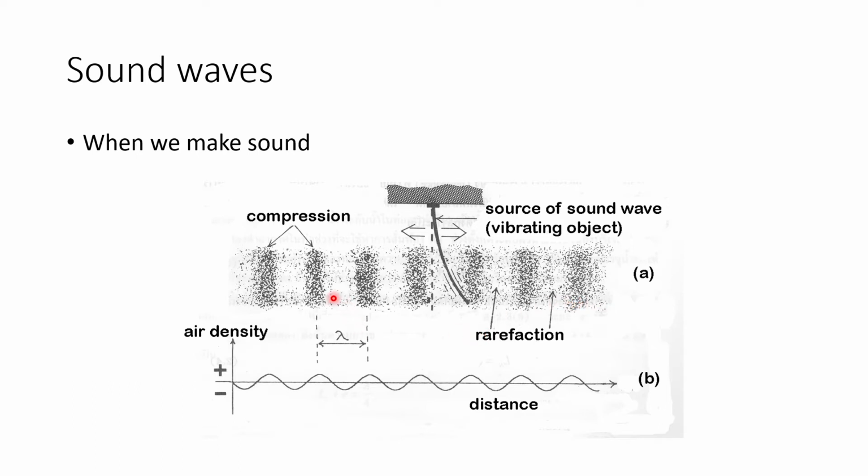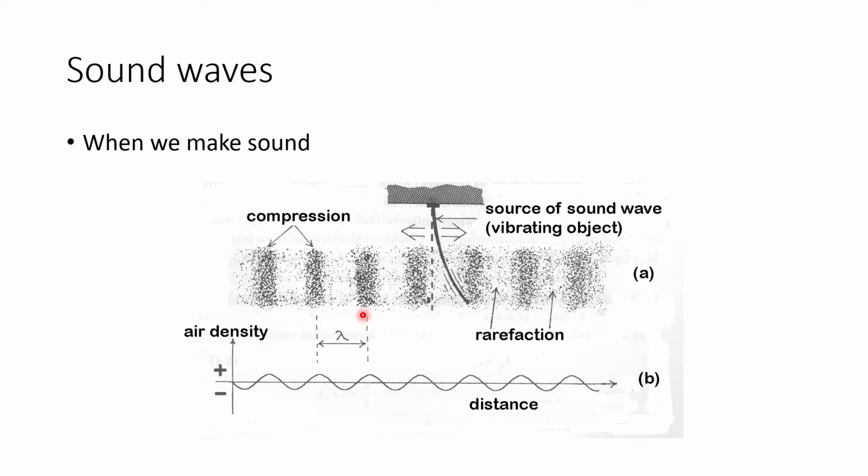If you trap the compression of the air with time, you can see that a certain part of the air is going to be pretty dense, and some is going to be pretty loose, and then dense again. So the distance between these two dense parts is called lambda, which is the wavelength.